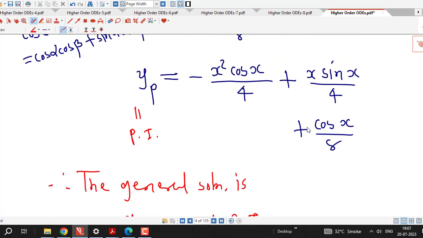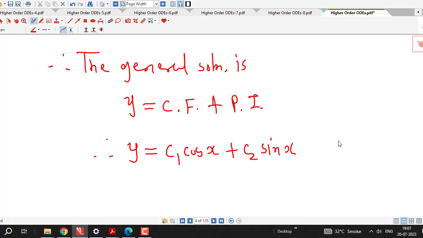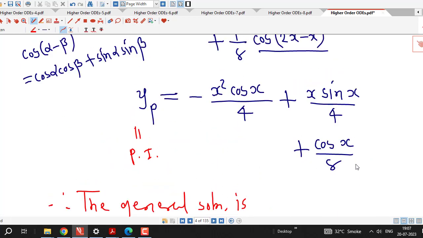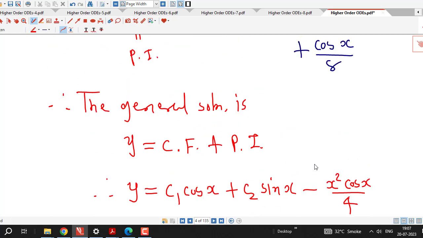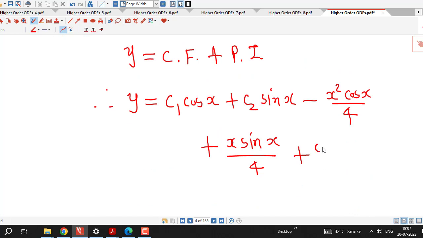Particular integral is minus x square cos x by 4 plus x sin x by 4 plus cos x by 8.